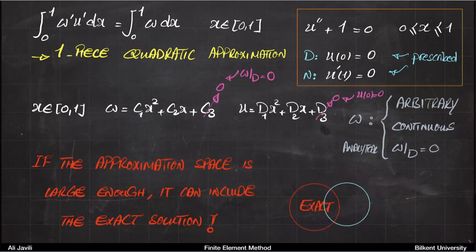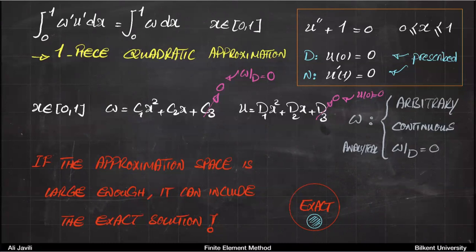Or possibly you can imagine that the circle of approximation is smaller than that circle of exact solution. By the way, it could be larger, but it could be out of the exact solution. So being large or small, let's say being large, it doesn't necessarily mean that it's a good thing.